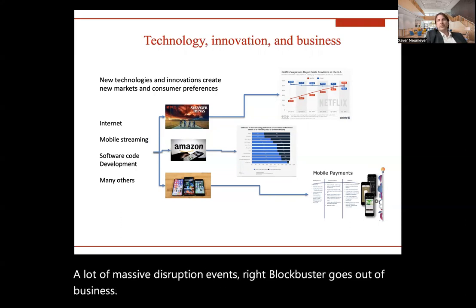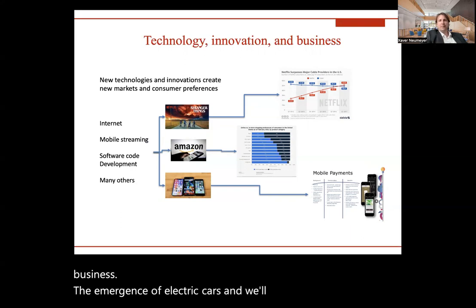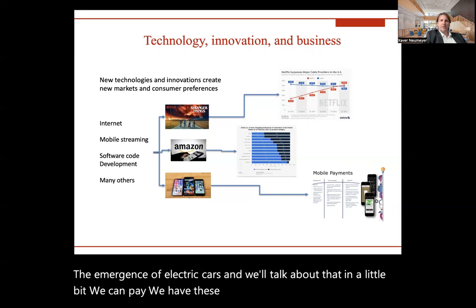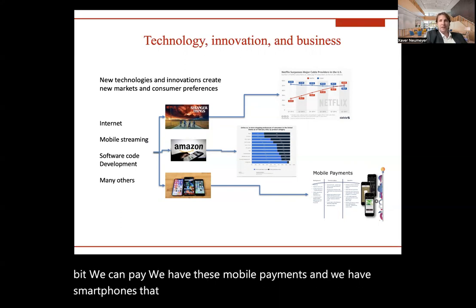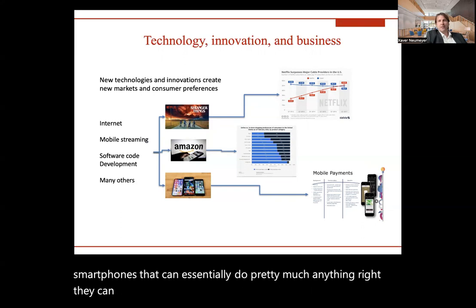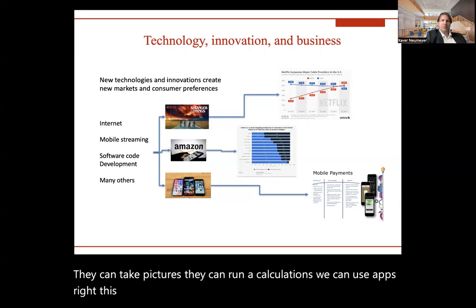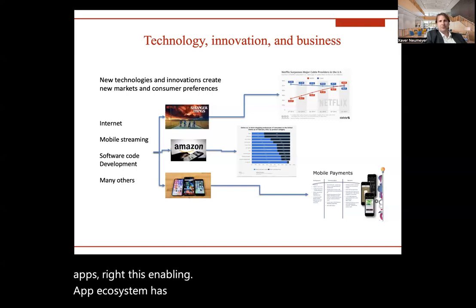The emergence of electric cars, and we'll talk about that in a little bit. We have mobile payments, and we have smartphones that can do pretty much anything, right? They can take pictures, they can run calculations, we can use apps, right? This enabling app ecosystem has really disrupted a lot of industries.